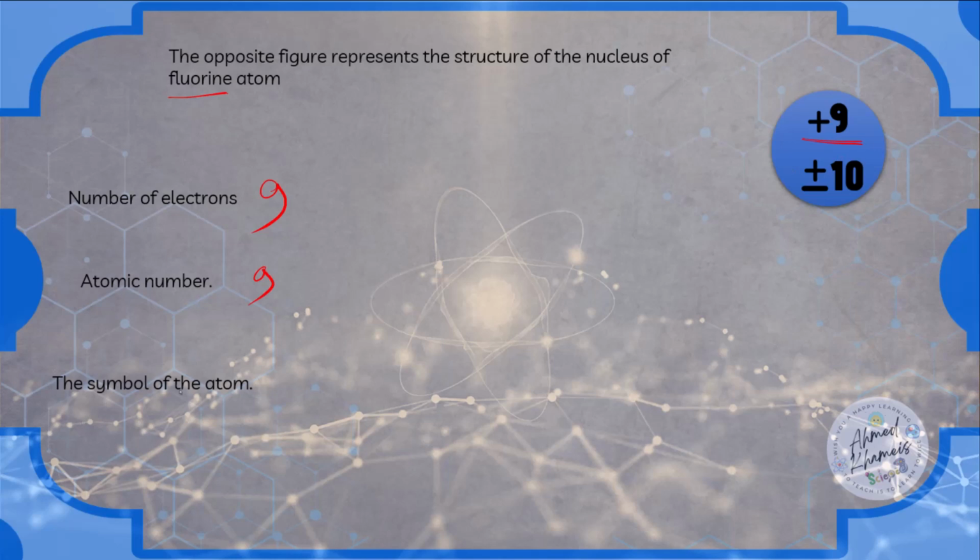The symbol of the atom: to write the symbol of fluorine, above the symbol we write the mass number, which equals the number of protons plus the number of neutrons, 9 plus 10 equals 19, and below we write the atomic number, which is the number of protons, 9.